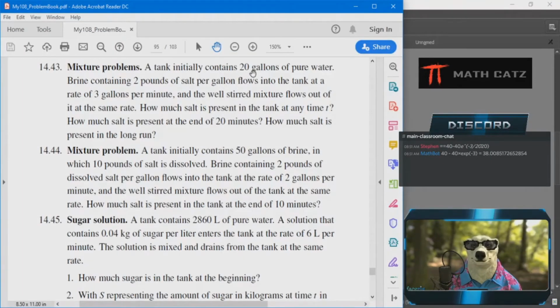So we start with nothing. We put in a salt concentration mix, 2 pounds of salt per gallon, into the tank at a certain rate. I also lose water at the same rate, to keep it nice and simple. And slowly the amount of salt in the 20 gallons increases, and at 20 minutes we have 38 pounds of salt.